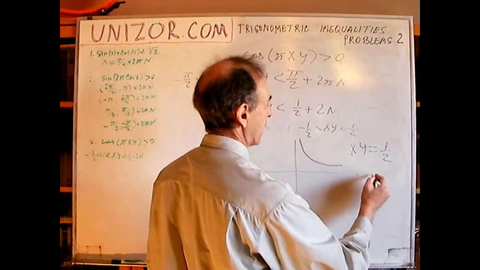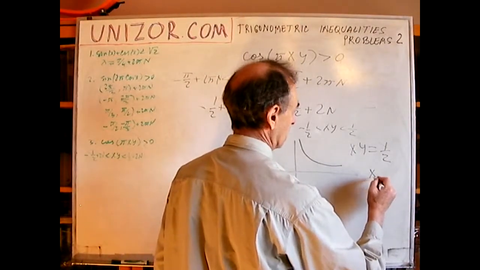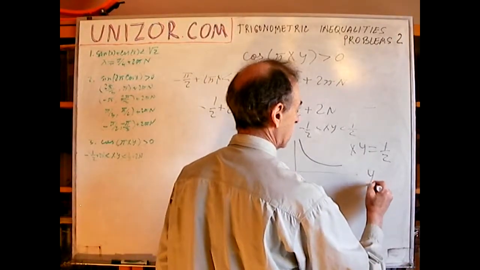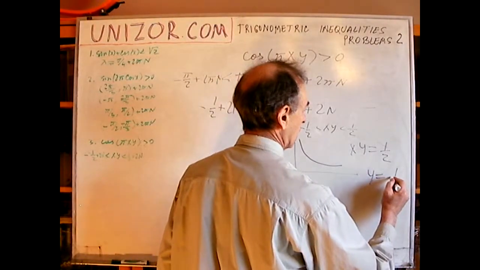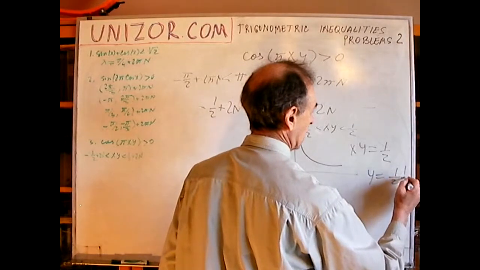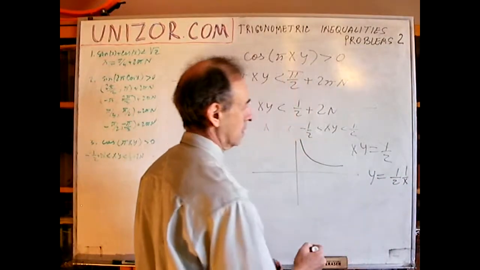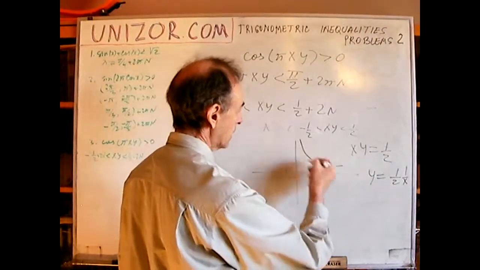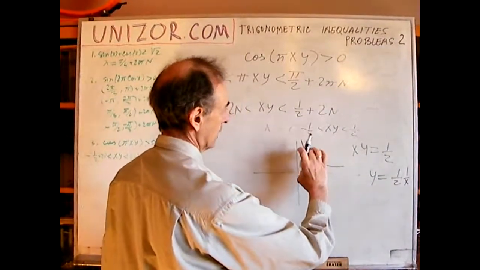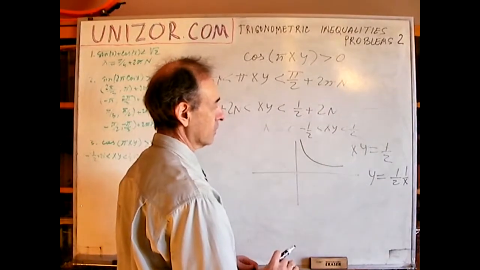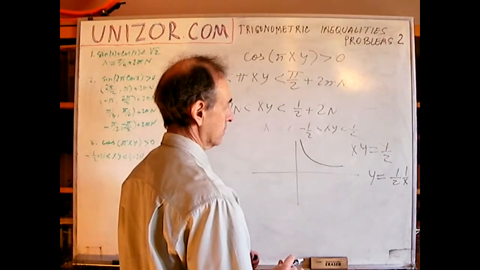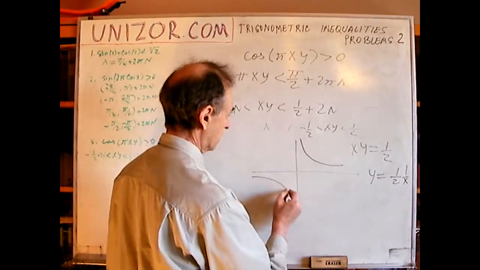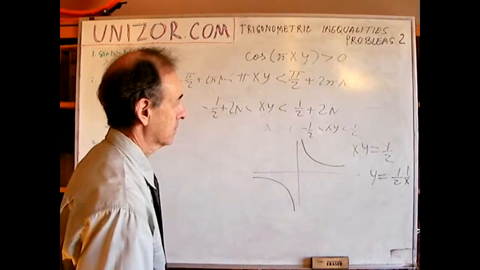Because for positive x we can say y is equal to 1/2 of 1/x, right? Now y is equal to 1/x is just a hyperbola. 1/2 of it is just slightly squeezed down, and on the negative side it's this, right?